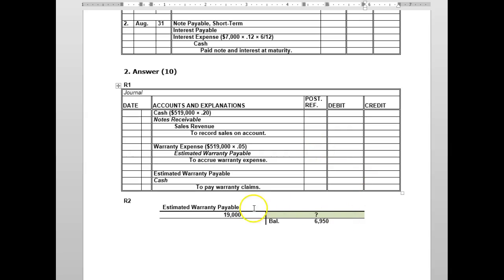And then we're going to look at this balance and see where it sets. We debited $19,000. What was this amount that we had in here? That comes from this here, which would leave us this much of a balance. So 5% of $519,000 is $25,950. That's what this question mark is looking at. So that's question 2, and it's worth 10 points.